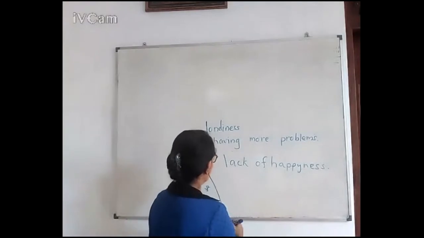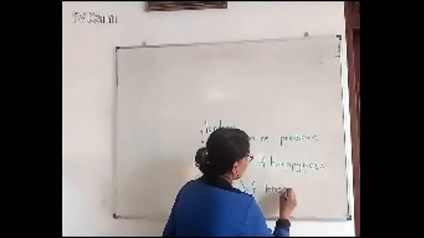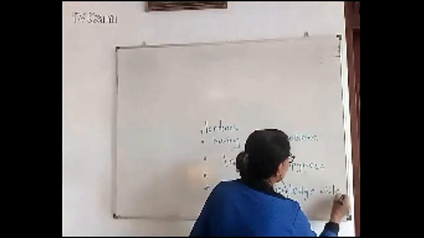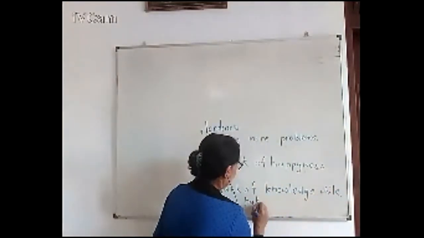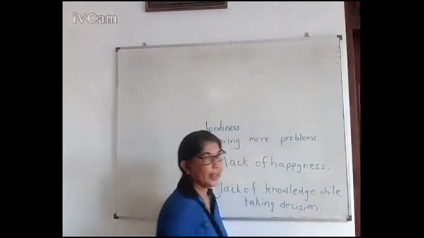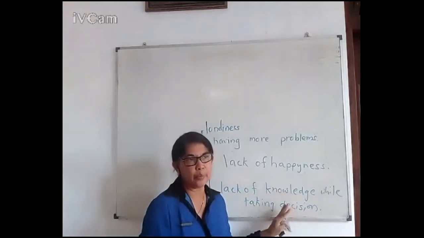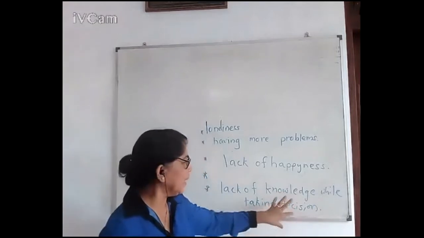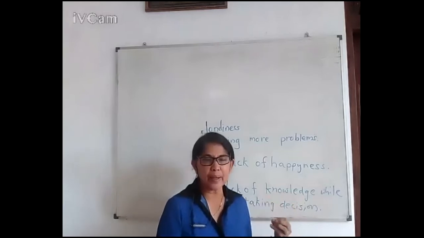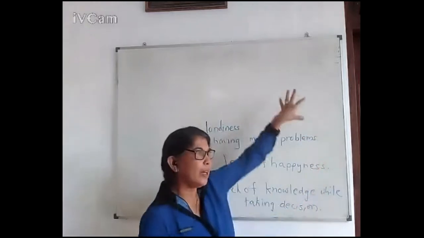That is, you think, lack of knowledge while taking decisions. Right. This one is also a good point. So she's thinking that though he is a well-educated person, he doesn't have the proper knowledge to make proper decisions. So yes, there might be many reasons.